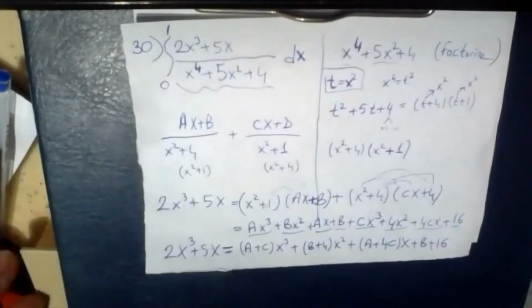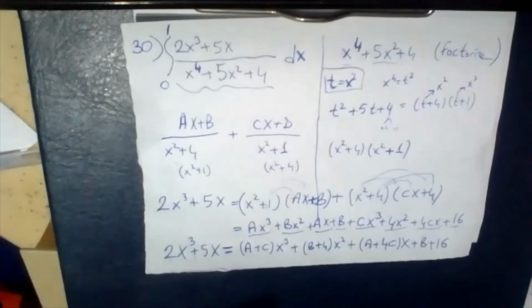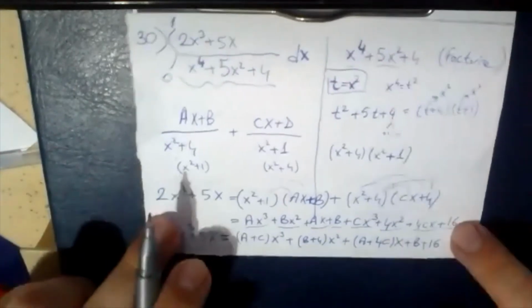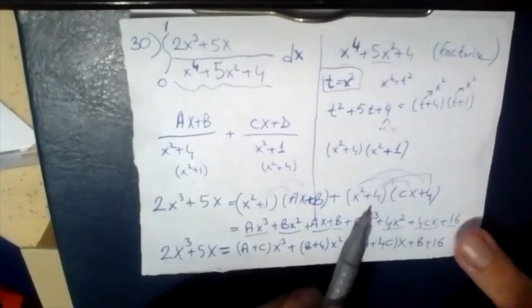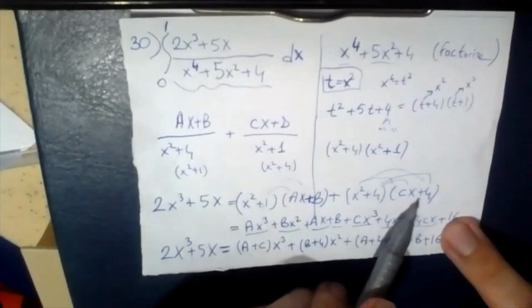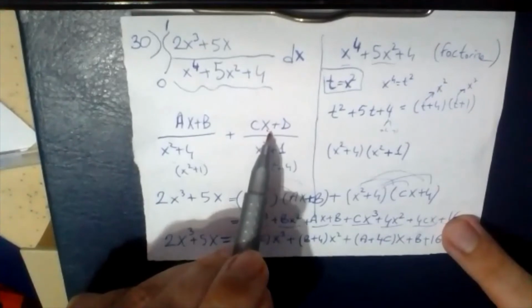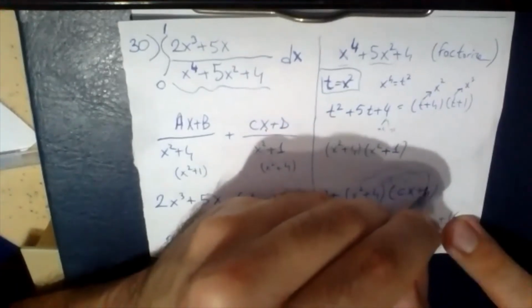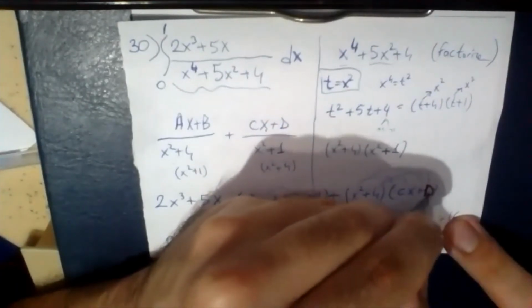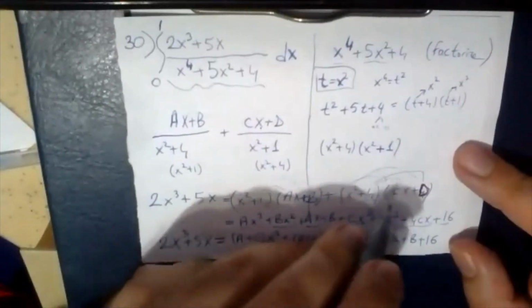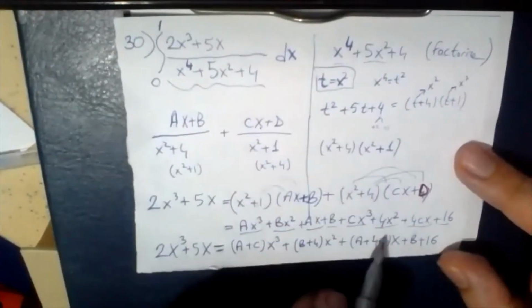Okay, I found my error. What is that? It is here: x squared plus 4 times (cx plus 4). I wrote it mistakenly, but that should be cx plus d. This should be not 4, but d. So when we multiply here, some things will change.